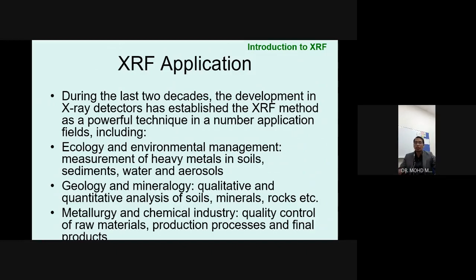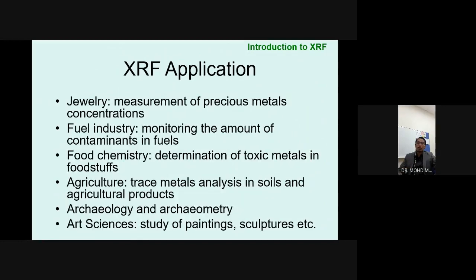Okay, geology and mineralogy, you want to know what the content of the sulfur is, what the content of the carbon is, and etc. Okay. So metallurgical and chemical industry, quality control of raw materials, production process and final product, and etc. Jewelries. So one of my students, Adlan, is doing his PhD.